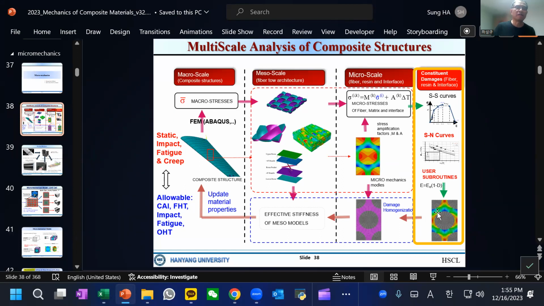And then once this damage accumulates, degrades, or propagates, there will be a certain level of damage distribution. So we can homogenize them. Going into detail is a really complicated behavior, but we can think of damage homogenization, and of course the effective stiffness will degrade.